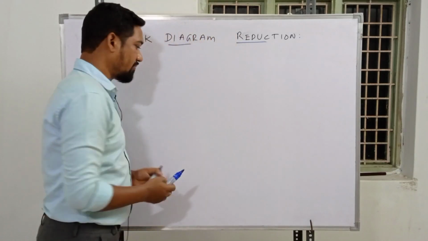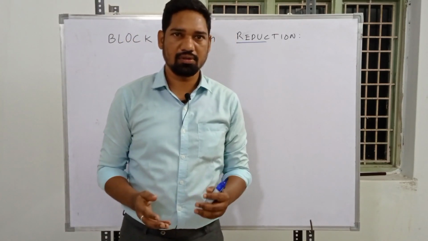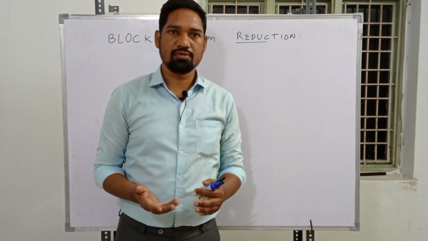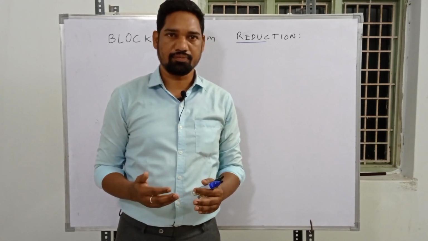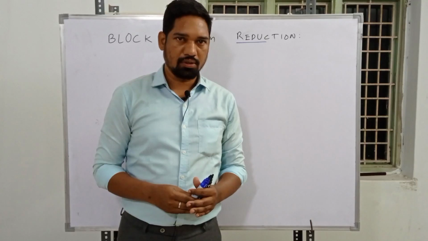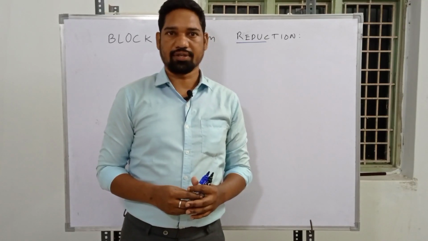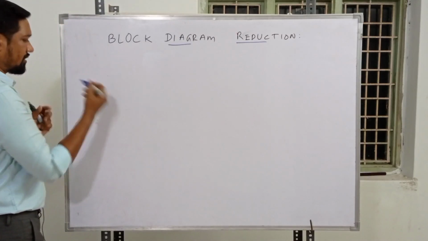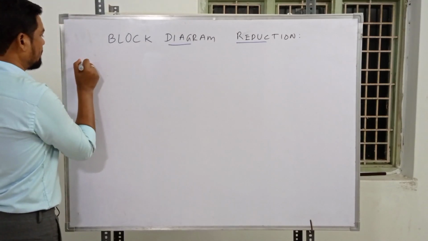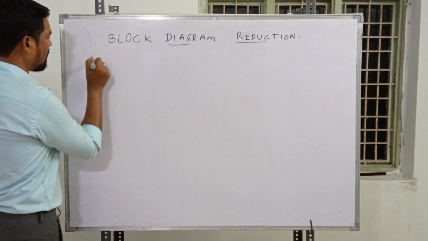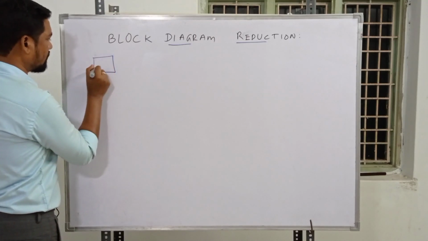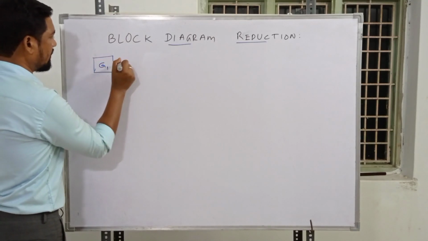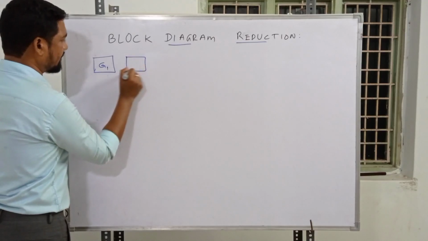Let me reveal all the reduction rules and try to reduce a block diagram. From the very fundamental, let's suppose we have a block G1 and G2 like this.